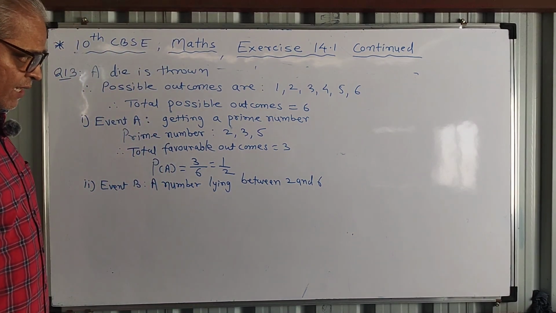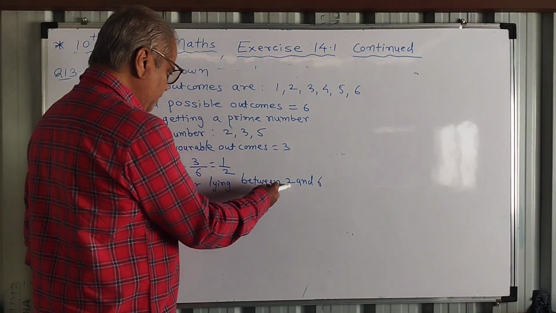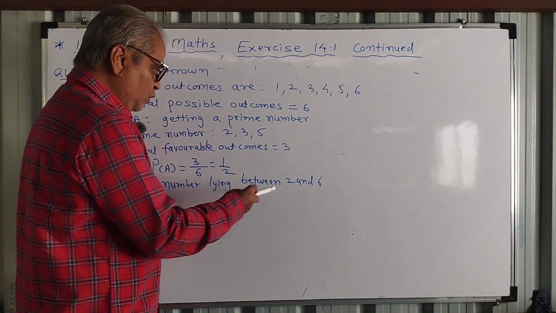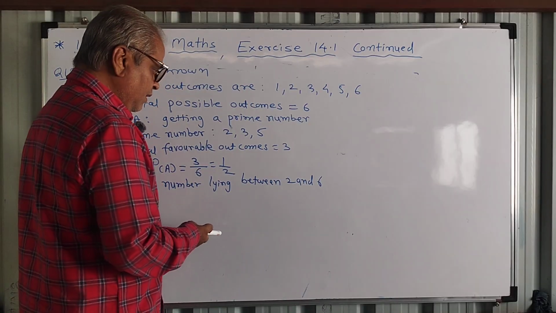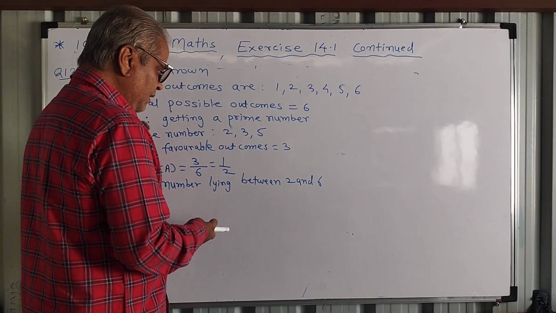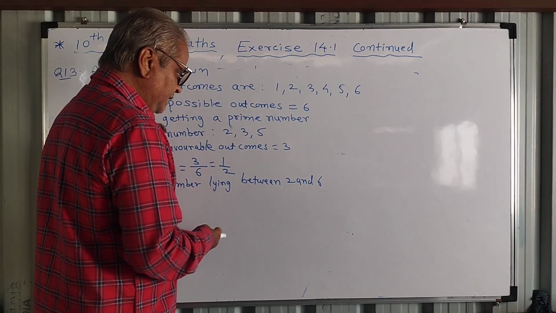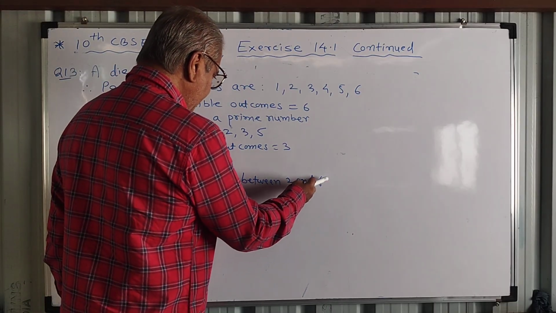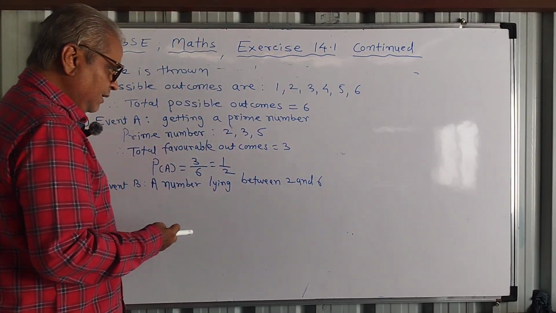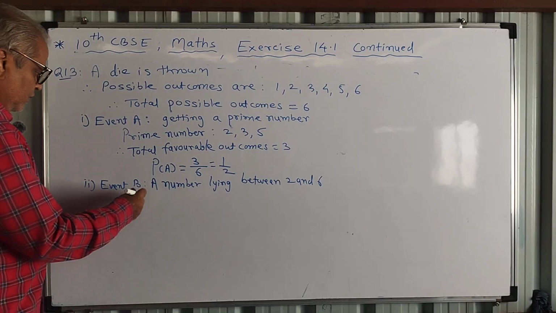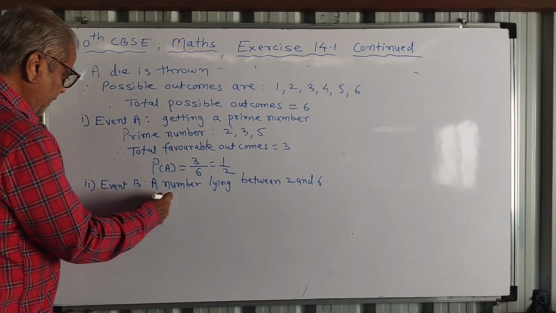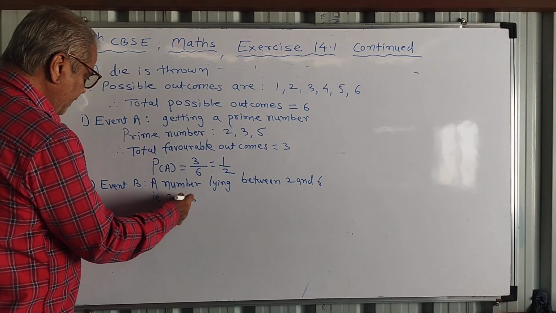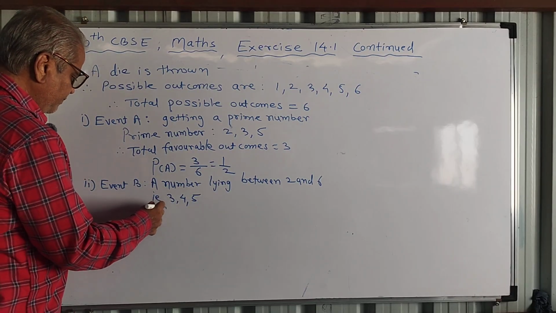If it was from 2 to 6, we would have included 2 and 6 also. But they have mentioned here the numbers between 2 and 6. So don't consider 2 and don't consider 6. That is, the numbers are which numbers? 3, 4 and 5.